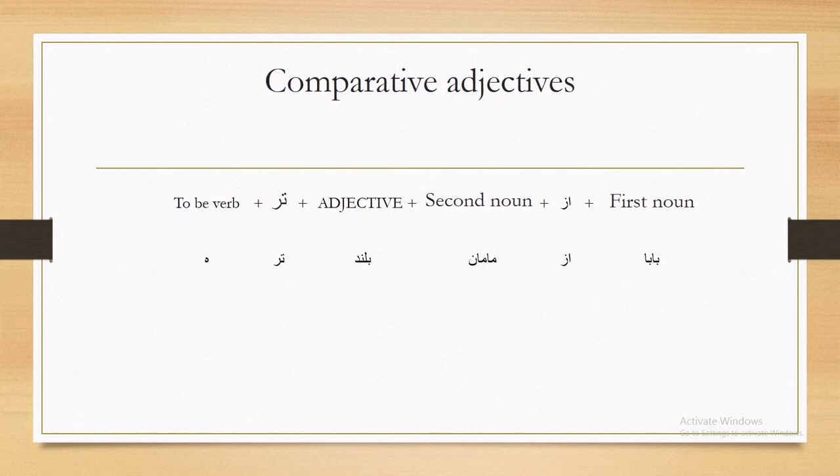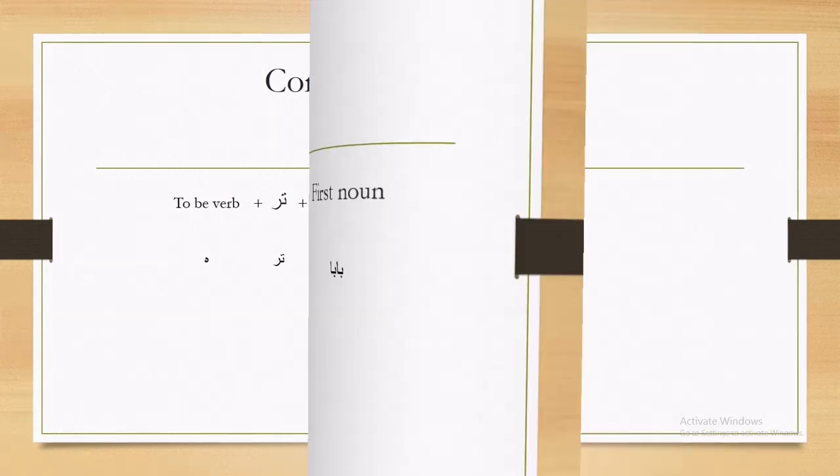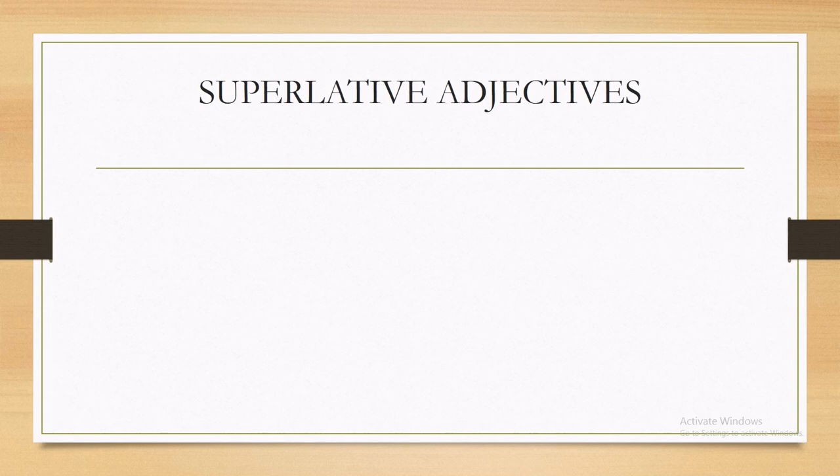But another type is superlative adjectives, for example, when we want to say something is better than all. In one way, we can use the way that we use for comparative adjectives, but we use همه, which means all, instead of the second noun. Let's see. Noun plus as plus همه.